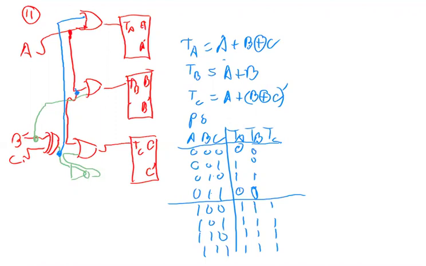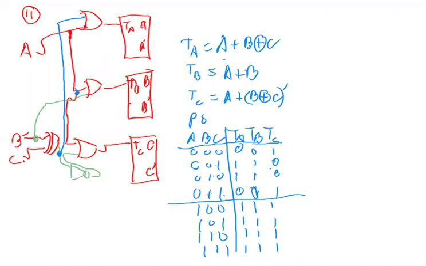B exclusive OR C. T sub B is supposed to be A or B exclusive OR C. That's a 0. Got to keep me honest here. B exclusive OR C over in here is supposed to be a 1. There. B exclusive OR C. So now I'm going to invert it and get 0, 0, 1.